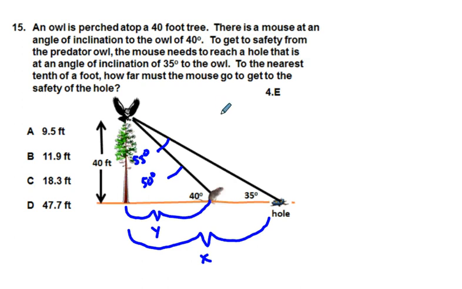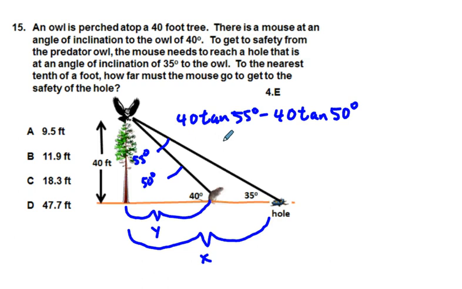So basically what we have is this distance between them is going to be 40 tangent of this bigger angle minus 40 tangent of this 50-degree angle.